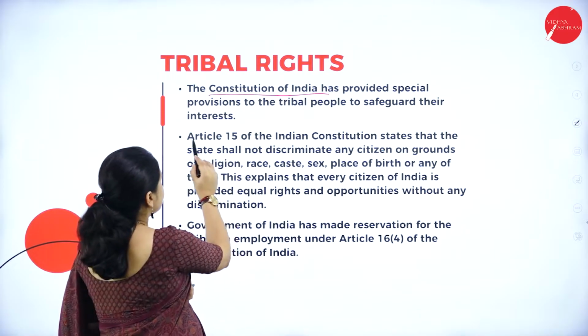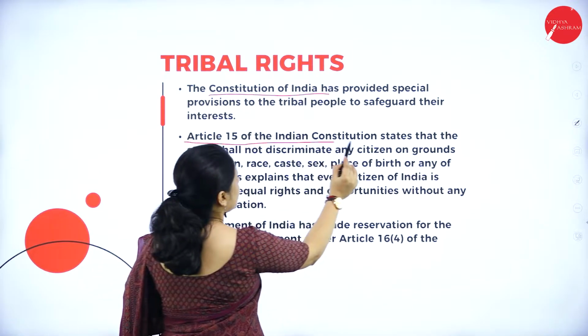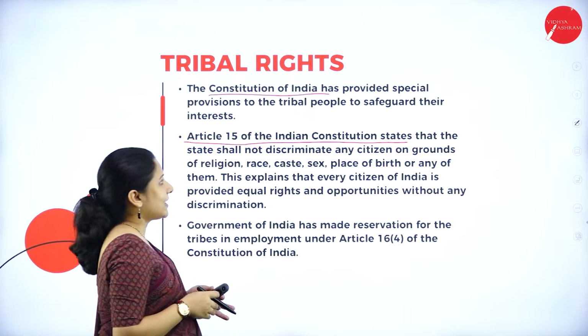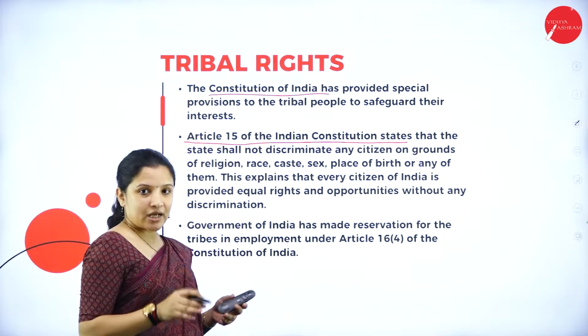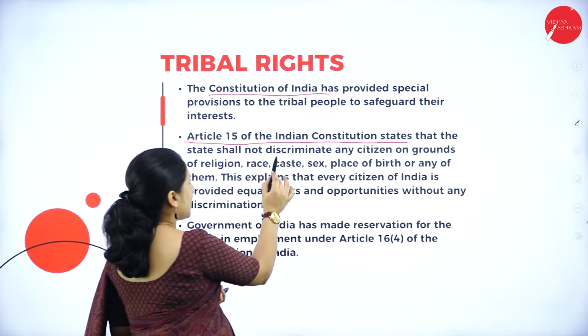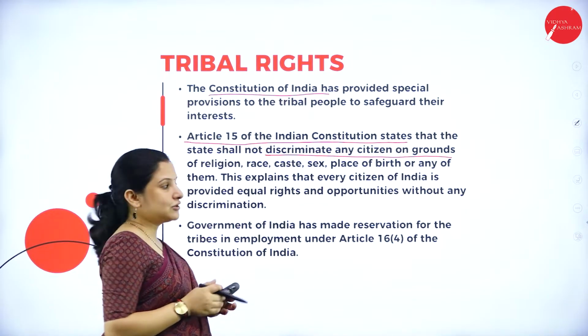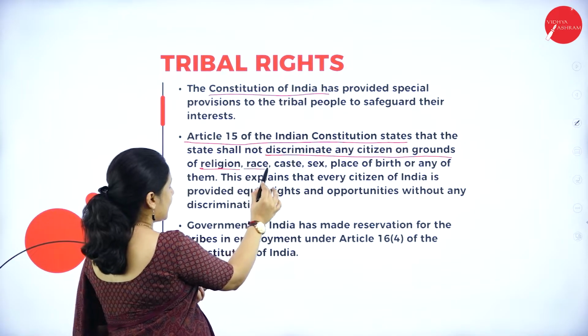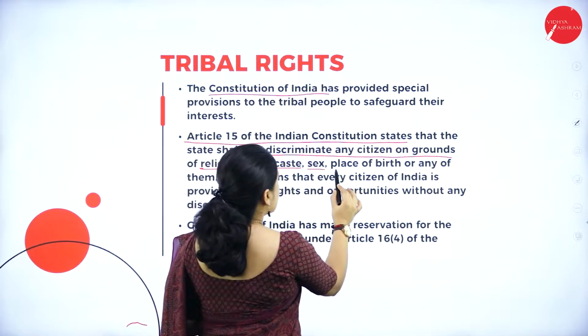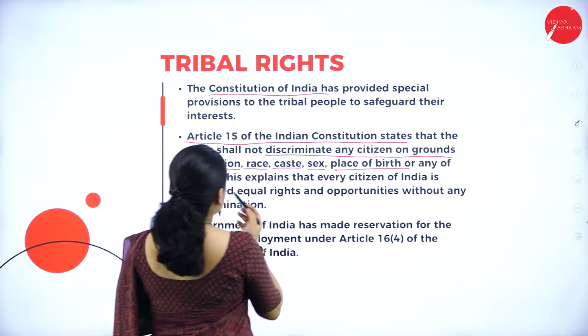Article 15 in the Indian Constitution states that the state should not discriminate against any citizen on the basis of religion, race, caste, sex, place of birth, or any of them.